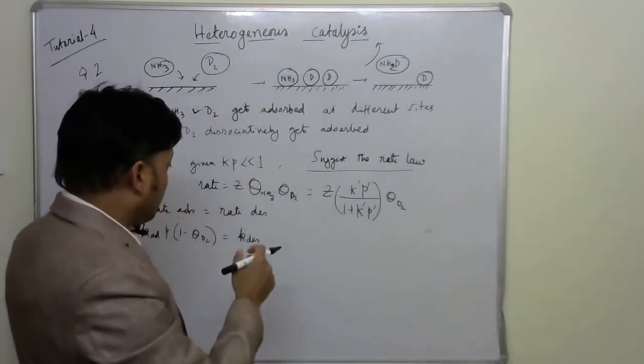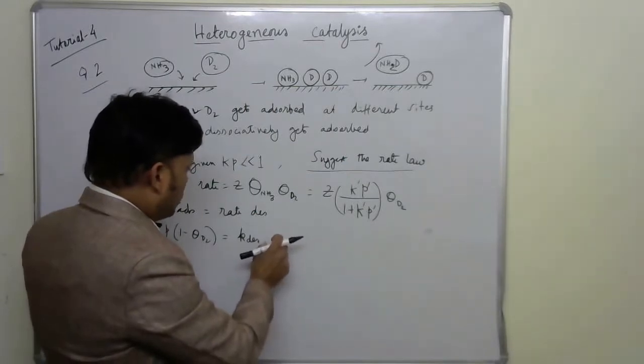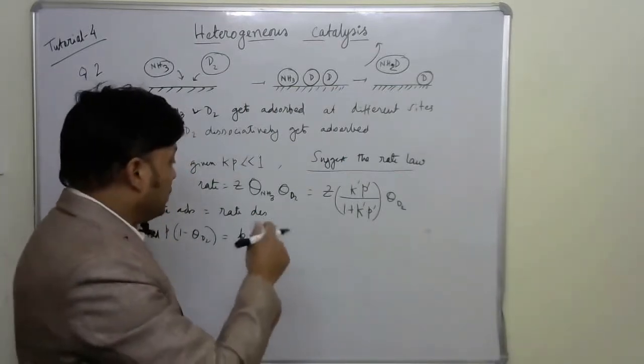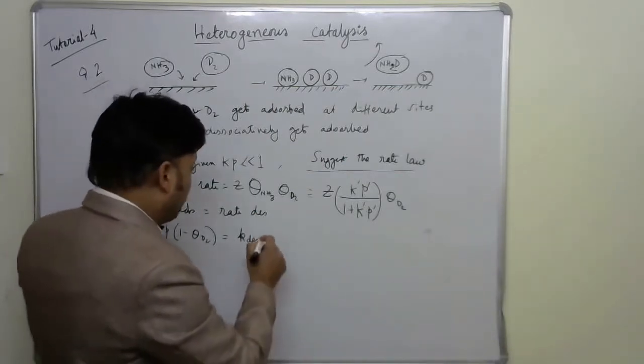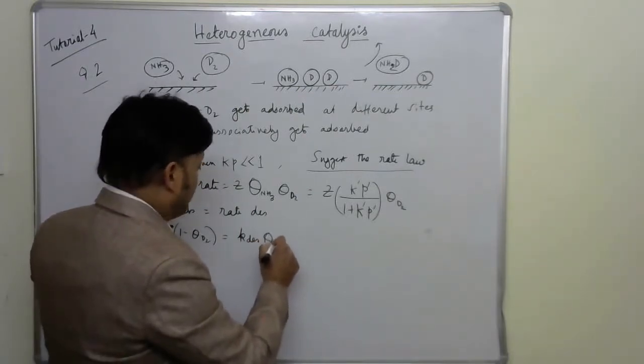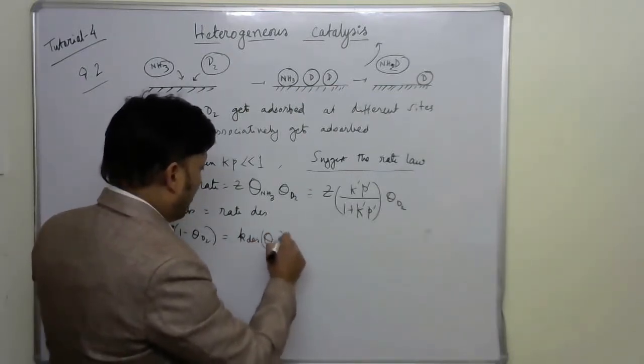So therefore, this portion would be treated as a second order rate law. So it would depend on theta D2 squared.